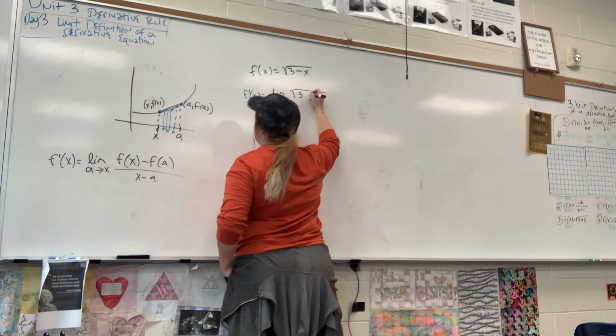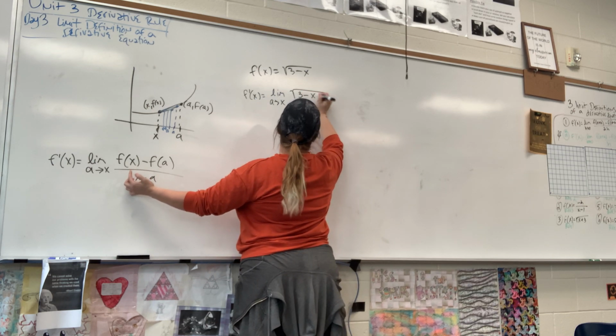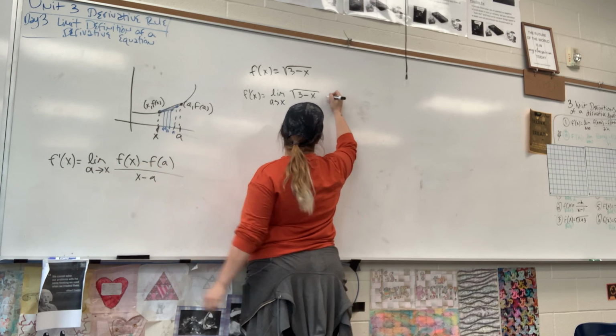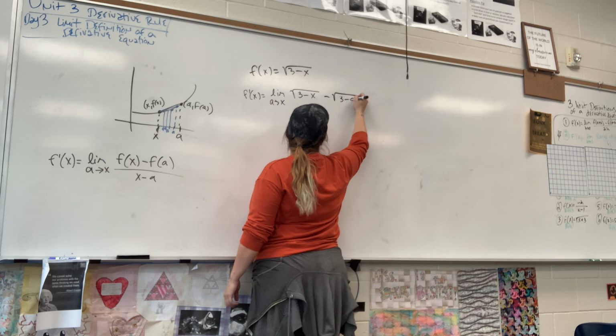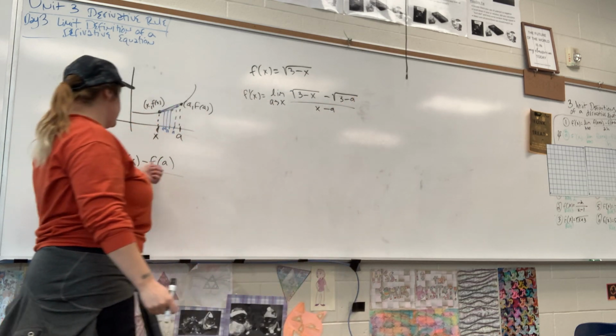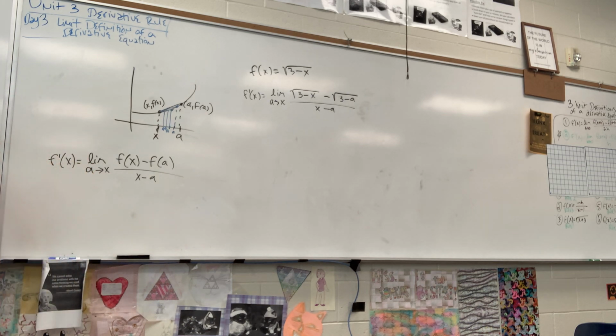So notice that when I do my function composition, I like it better because I don't have a binomial that I'm plugging in. We're just replacing f of x with f of a. So I think it makes it less likely that you're going to mess up a negative somewhere. We're doing okay?